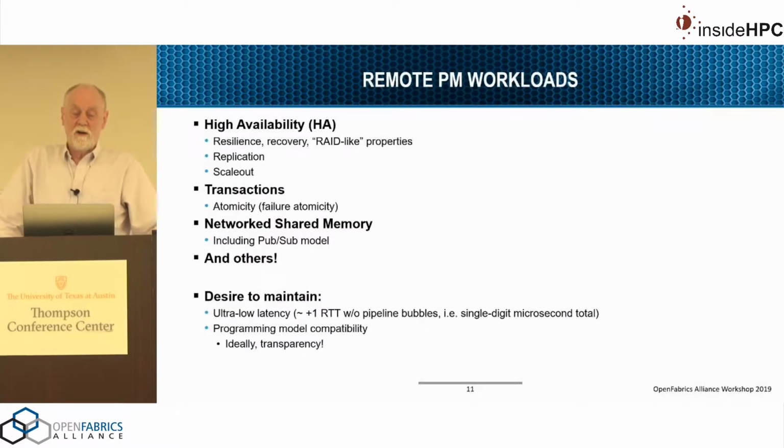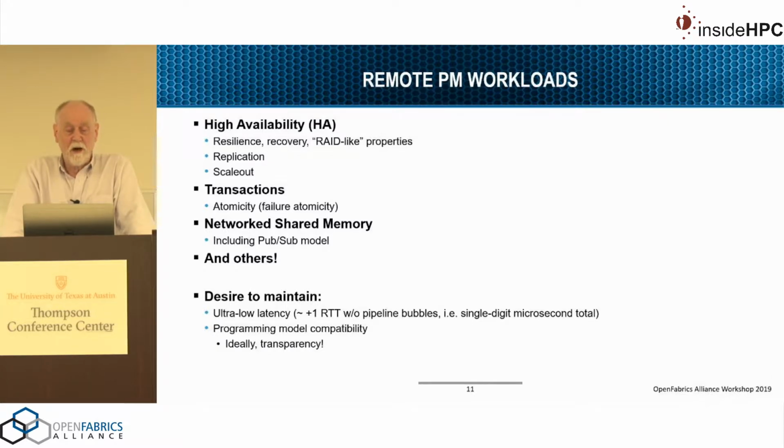So I mentioned these before. I'll just list them here as three possible persistent memory workloads. The first that the SNIA has looked at mostly is high availability. This includes a number of topics. High availability means a lot of different things to a lot of different people. But resilience, recovery, RAID-like properties, mirroring, things like that.